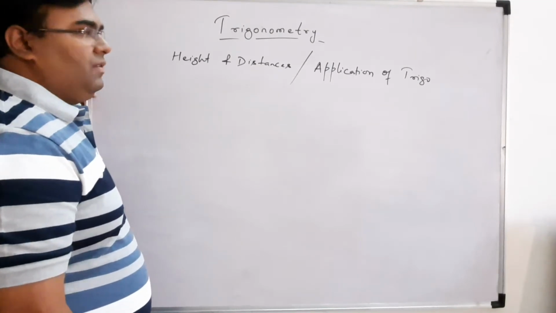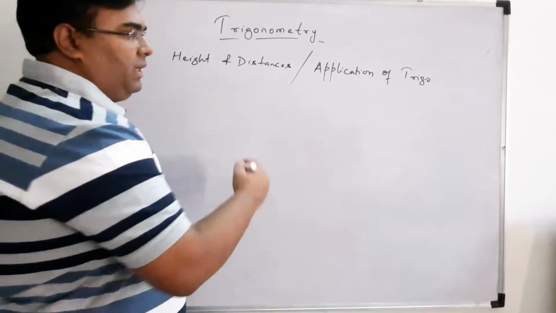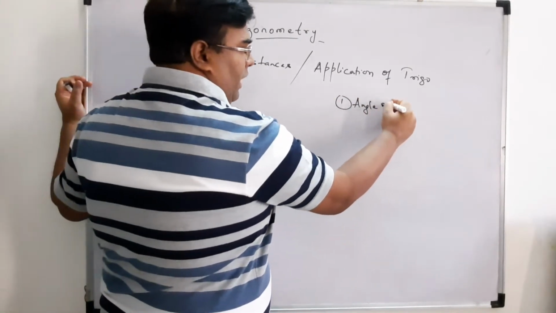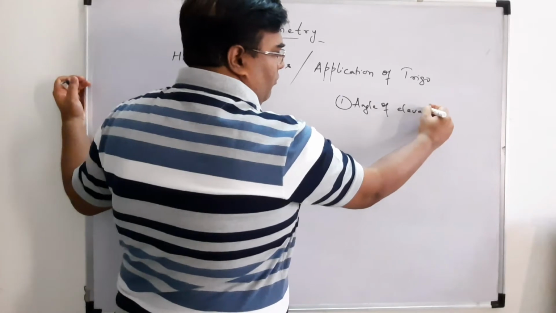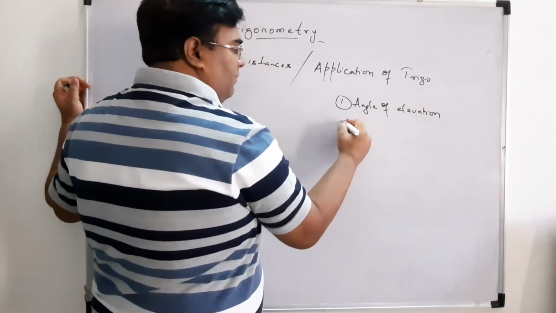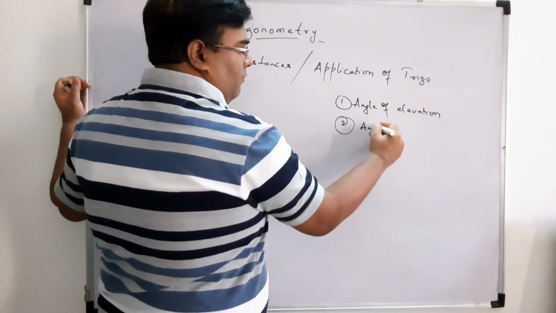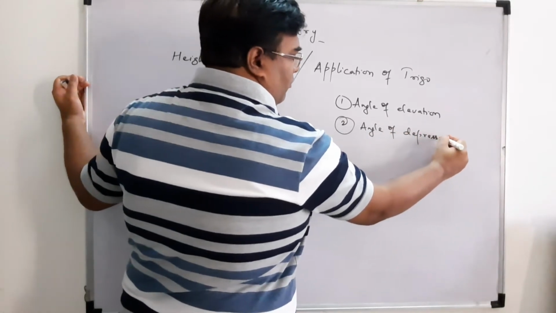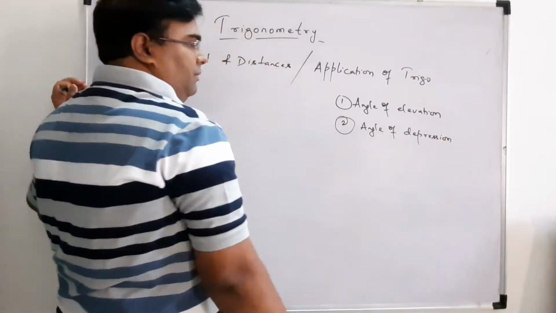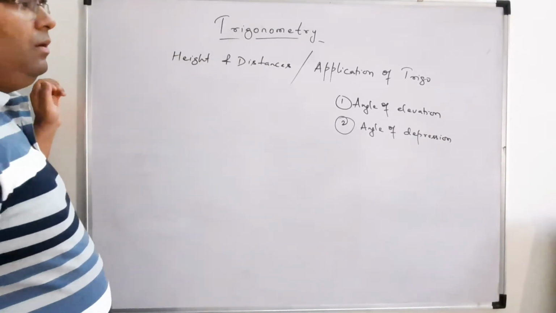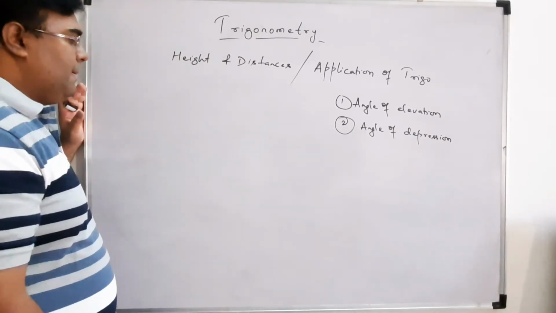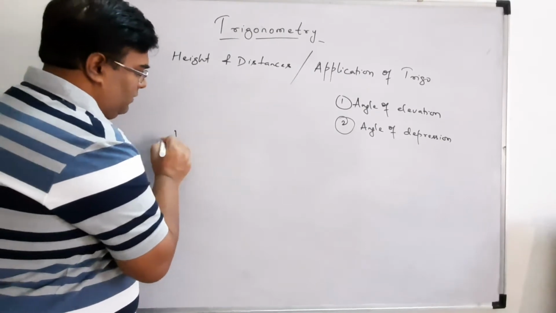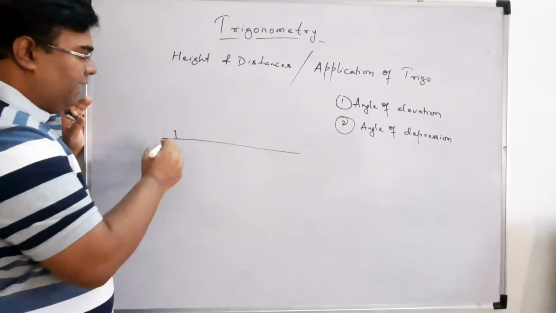First of all, we need to know two things. First is angle of elevation, and second is angle of depression. What are these two angles? Suppose we have one object, this one person is standing here.